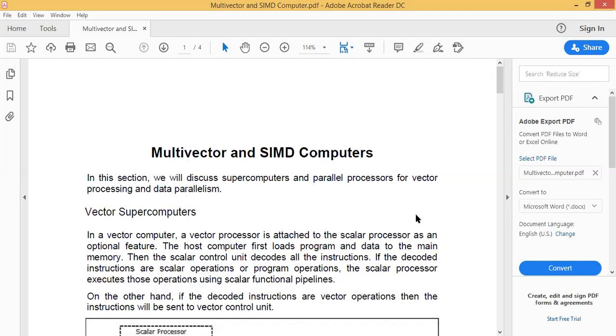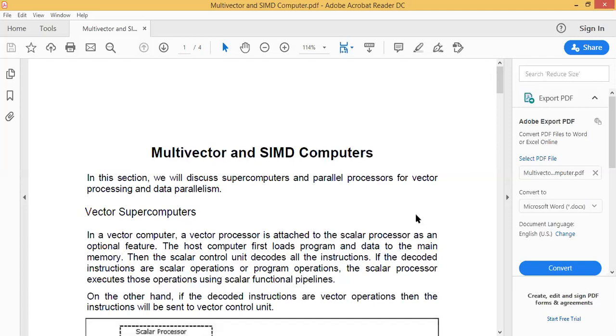In a vector computer, a vector processor is attached to the scalar processor as an optional feature, and the host computer first loads the program and data to the main memory.